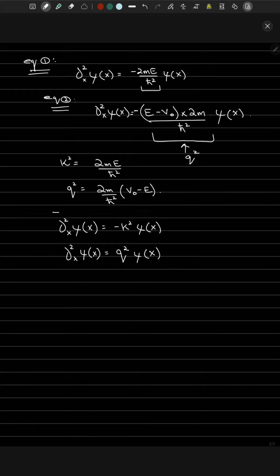Now, this is the set of differential equations that we want to solve. So, how are we going to do that?